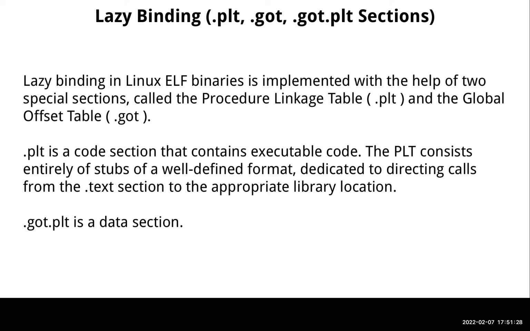Those are dedicated to directing calls from the text section to library locations. And in the GOT, there is a .got.plt section, which is basically a table of the addresses of other library functions, and those are filled at runtime by the dynamic linker.